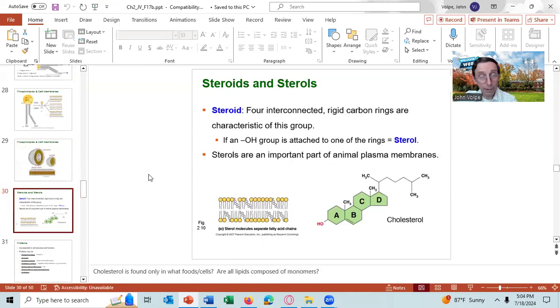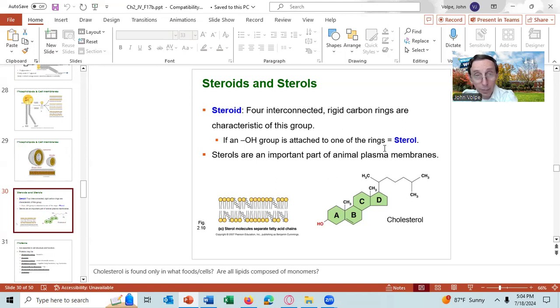A steroid is a lipid, but it does not have any monomers. So the one molecule makes the steroid. Cholesterol is a steroid-like molecule. It does have an OH group attached to it. And if there's an OH group attached to it, we call it a sterol. So cholesterol is a sterol.